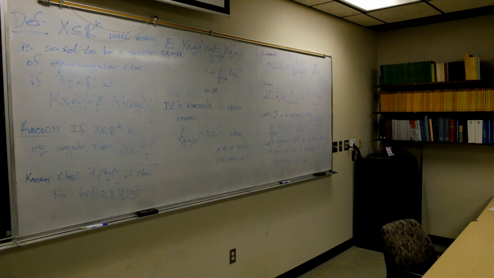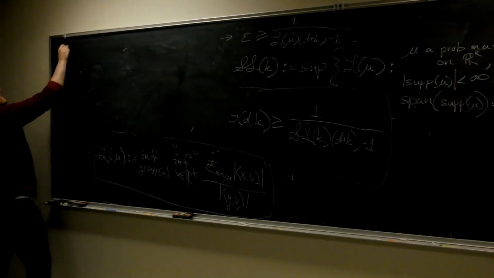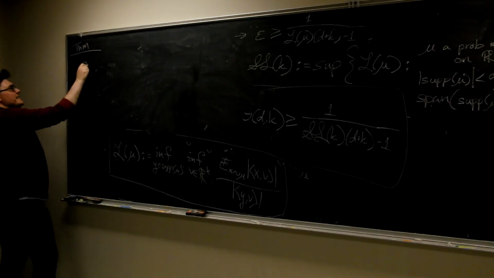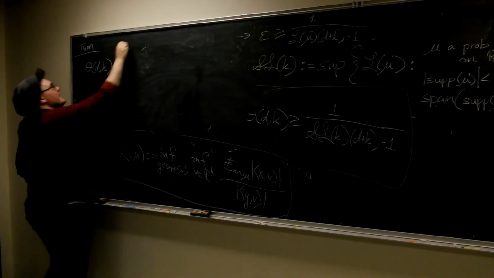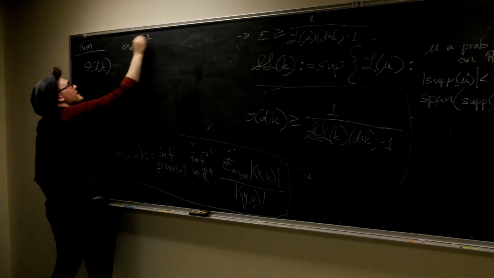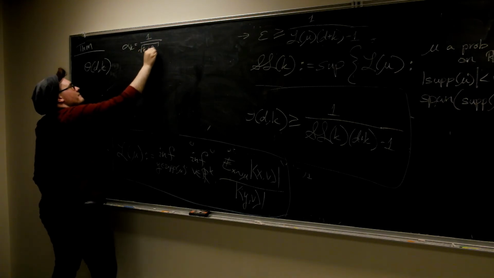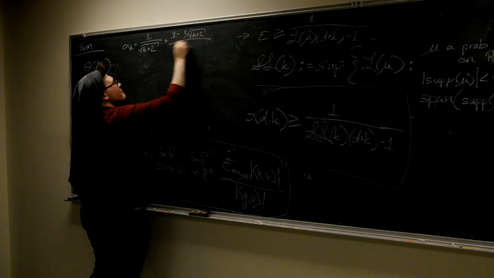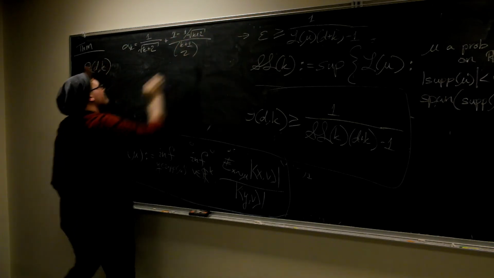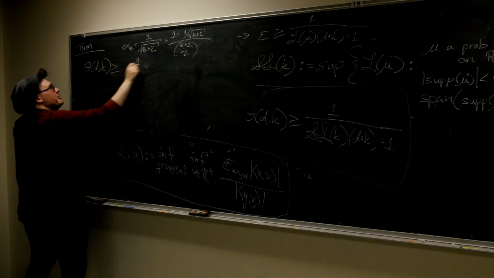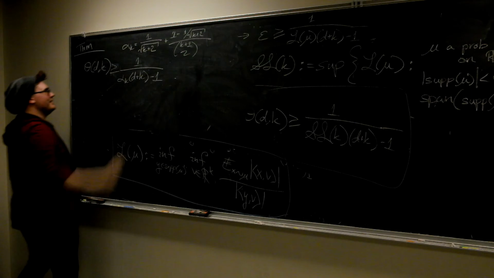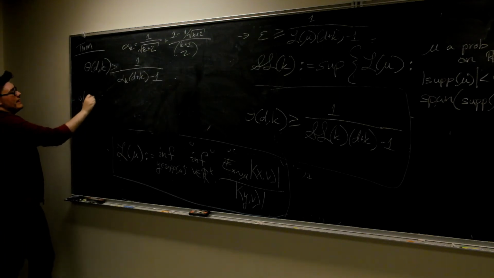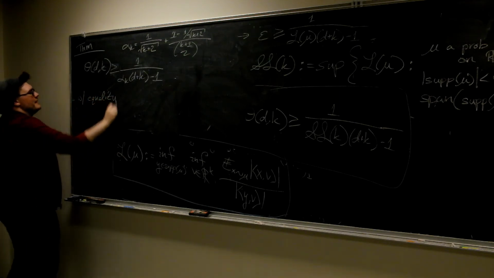So let's write down the big theorem. So first, let's just call this the theorem. Always, theta of d comma k, let's define alpha sub k to be this bound here. Theta of d plus k is always bigger than or equal to 1 over alpha k times d plus k minus 1, if you believe everything I've said, with equality if and only if.